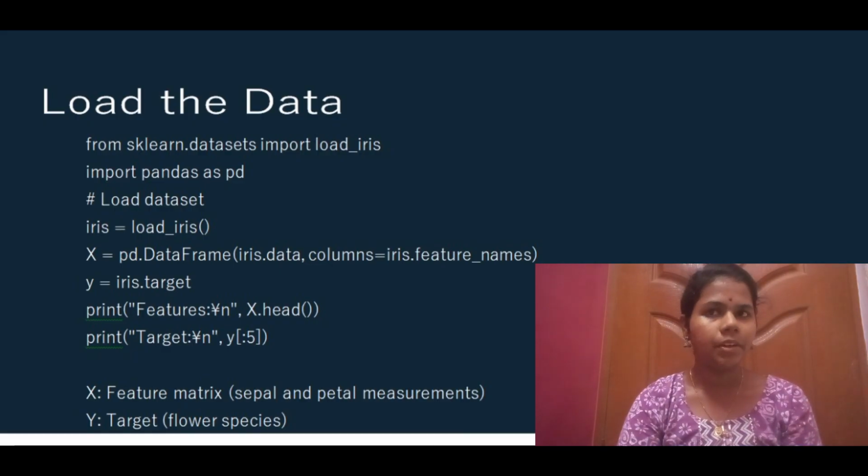In line 7, we are printing the first 7 target values. In summary, X is the DataFrame containing 4 flower measurements, y is the array containing target species labels, iris.feature_names is the column names used in X, and iris.target_names is an optional part.